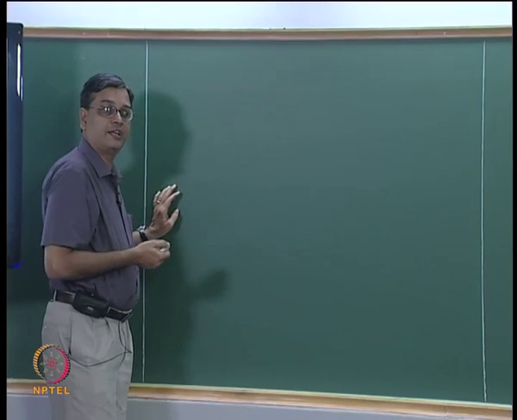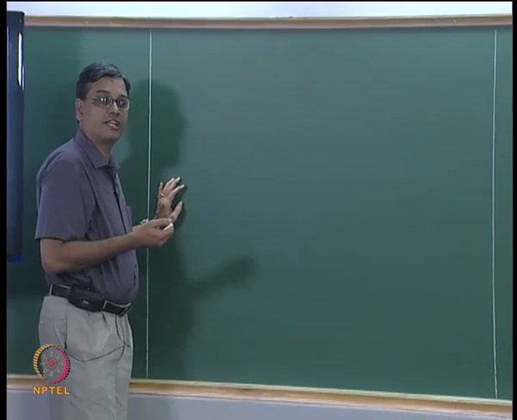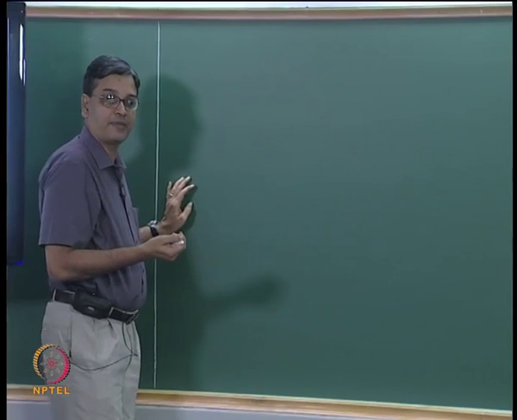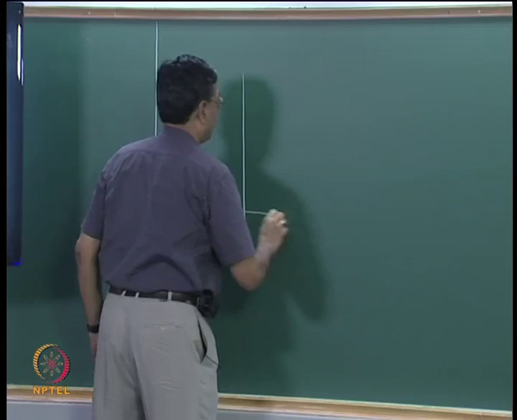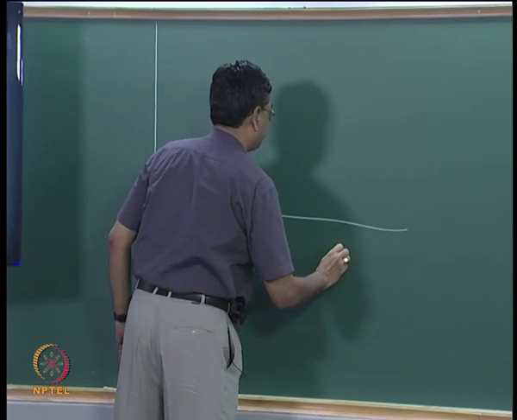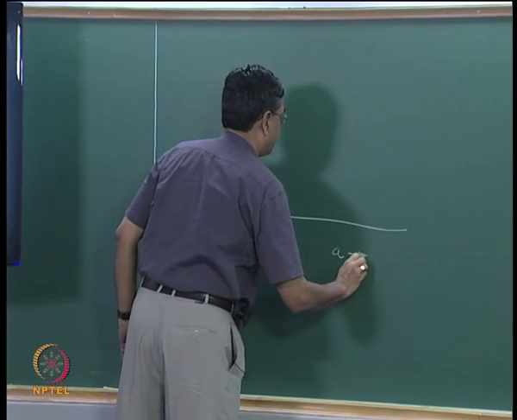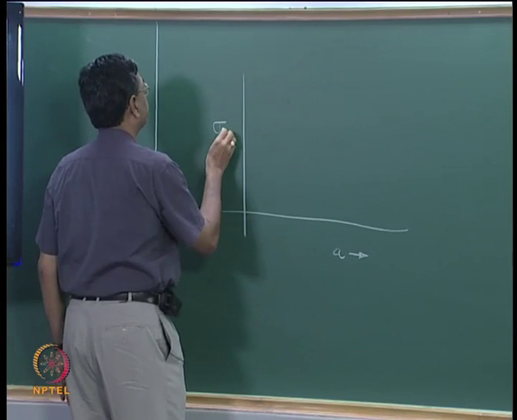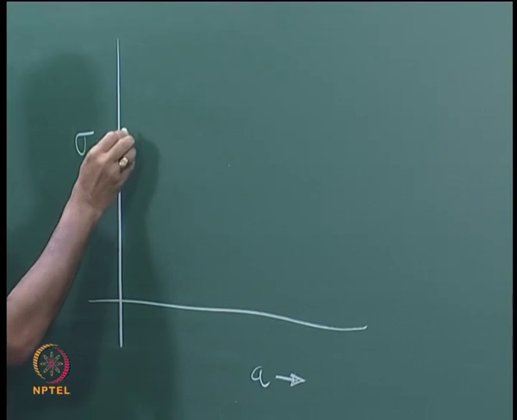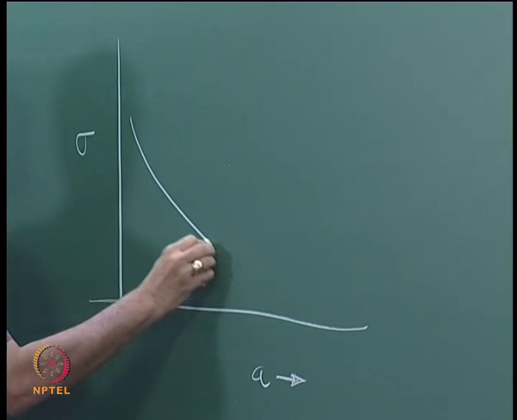See, we have seen how a residual strength diagram would in general appear. So, I have a graph between crack length and I have the stress here, and you could have a graph something like this.